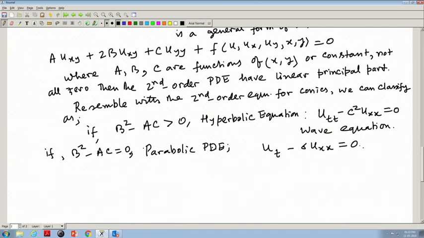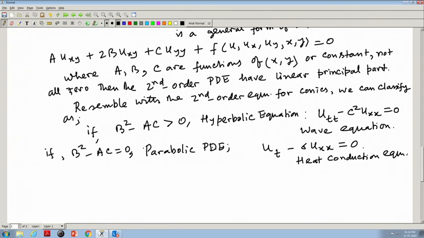We will be talking about how to solve this kind of equations in the subsequent lectures, so that is why I am introducing it here. We have termed this as a parabolic equation. It is a heat conduction equation, a very well known equation.